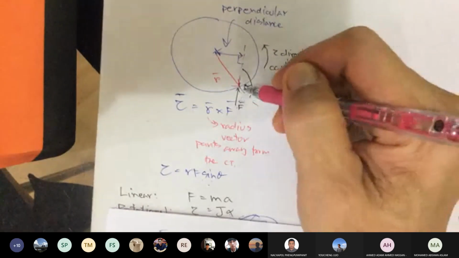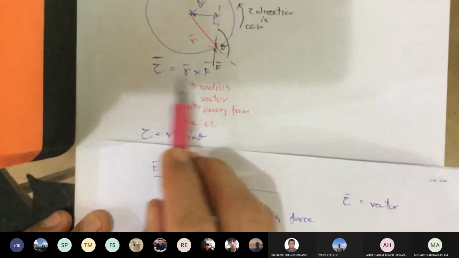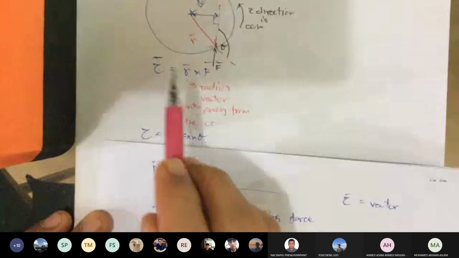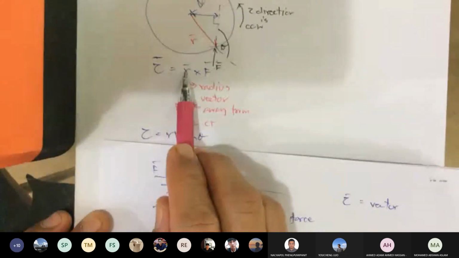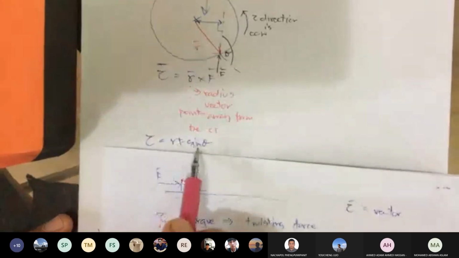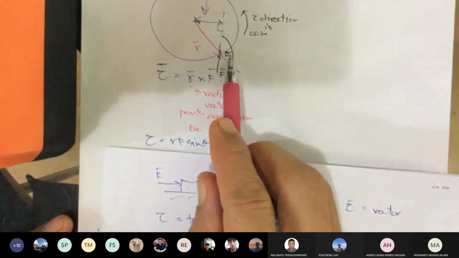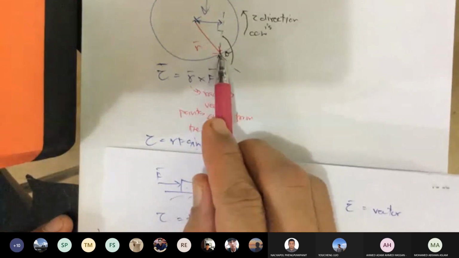So from that equation, I get torque is R F sine theta, where theta is the angle between vector F and vector R, right?